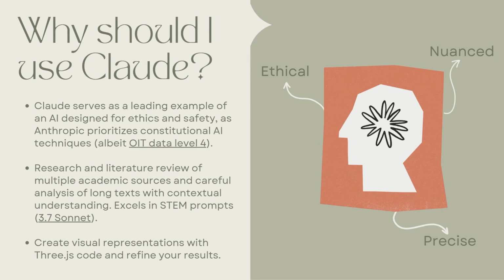A second reason why we should use Claude is research and literature review purposes. Particularly with Claude's newest model, which is Claude 3.7 Sonnet, which is linked there, you'll be able to see the release article from Anthropic that shows all the new features. One of its newest features is a 200,000 context window.